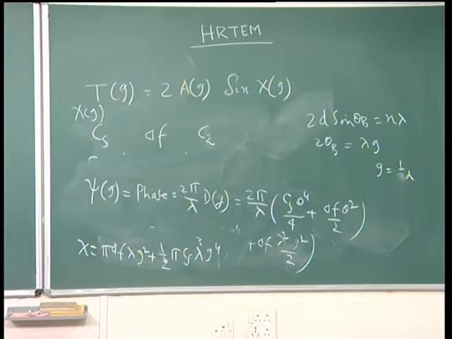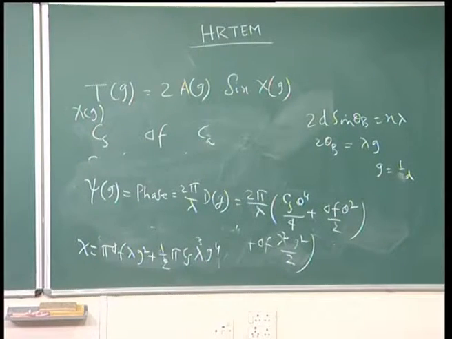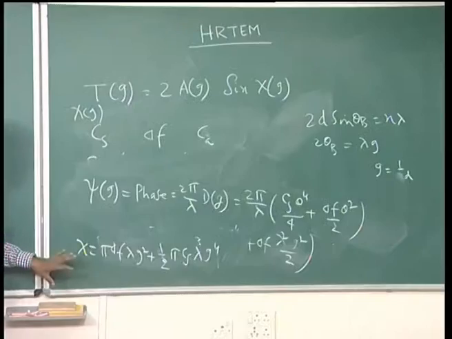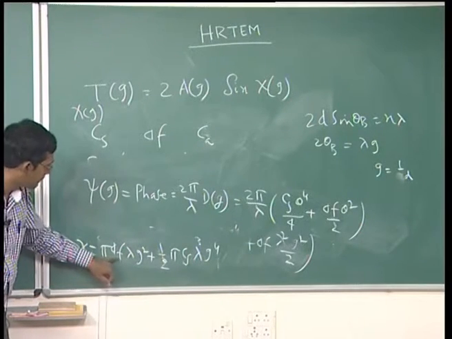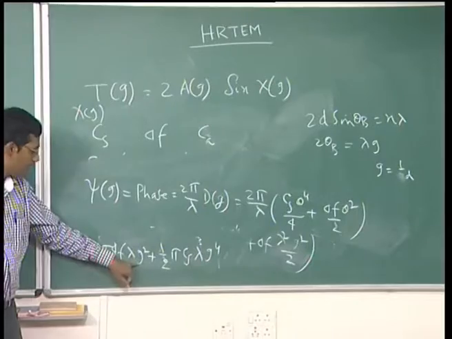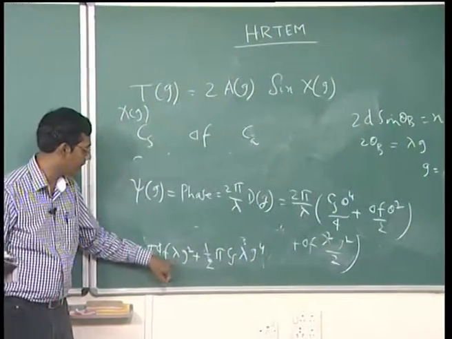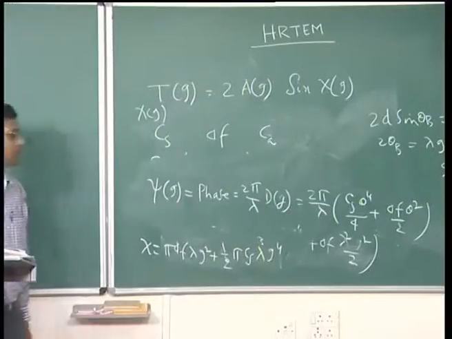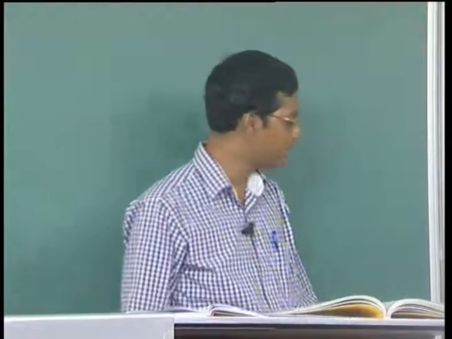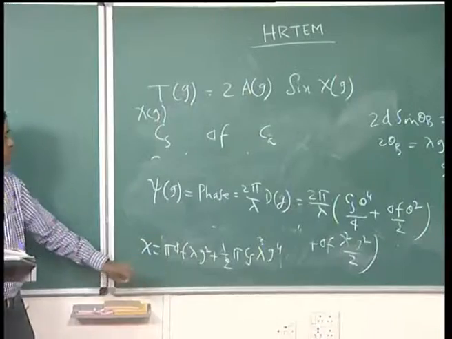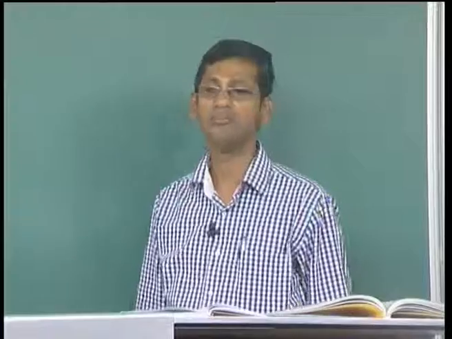So, what you can see is a very complex nature of this function psi, and if I take a sine of this, it becomes a very complex function, and it is very difficult to calculate these functions in a simple mathematical way. We need to use certain tools to calculate that, but whatever you see, the psi depends not only on delta f, lambda and g, but also on Cs very strongly. So, that is why one needs to optimize the delta f and the Cs in an electron microscope very clearly.